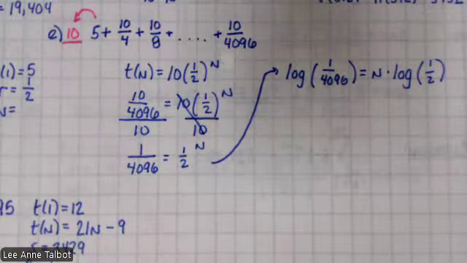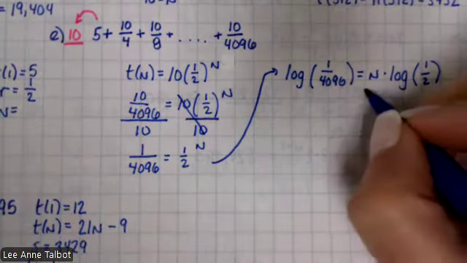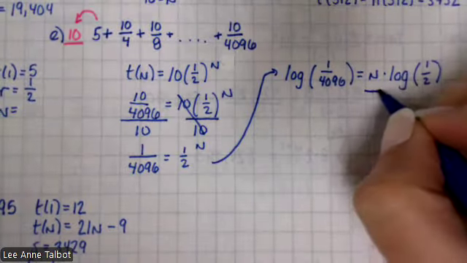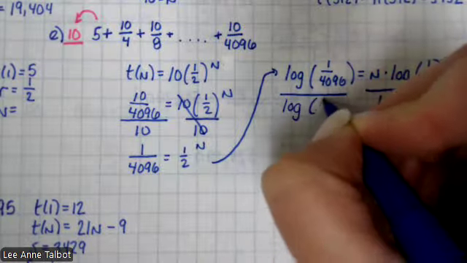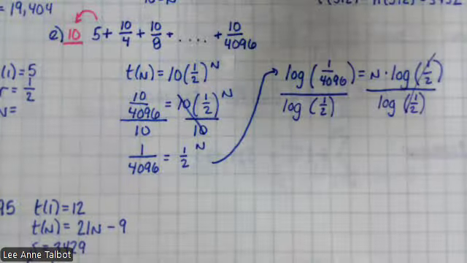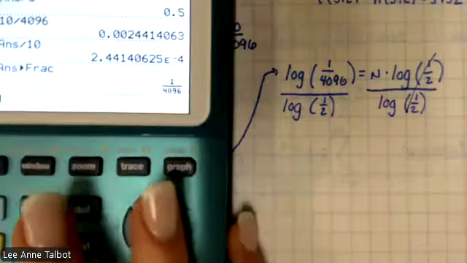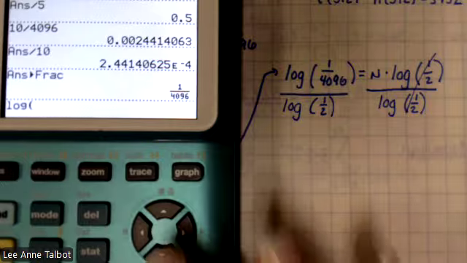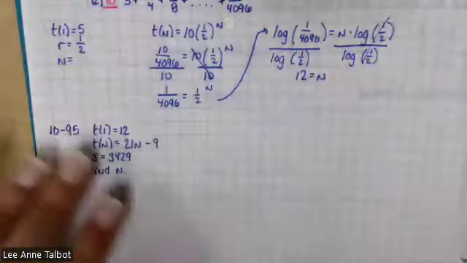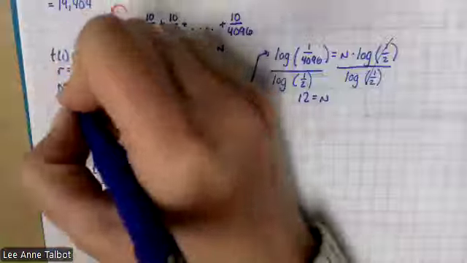Pull the exponent out of the log, bring the n in front. You should get whole number positive answers for these.